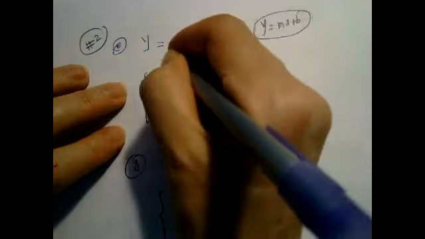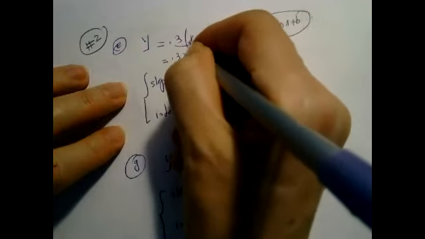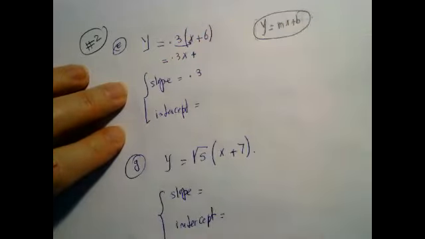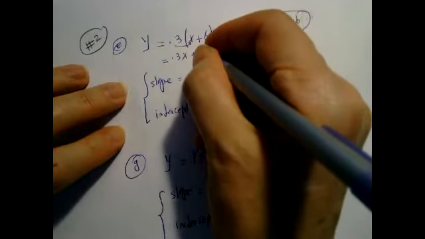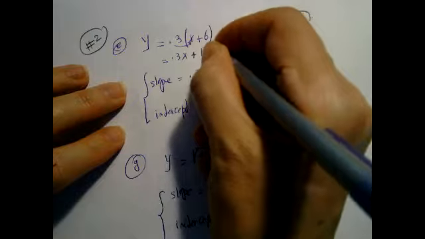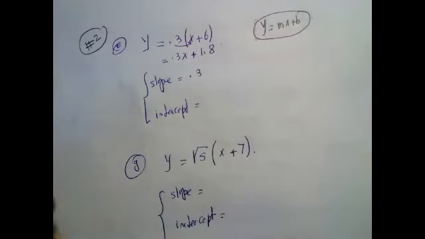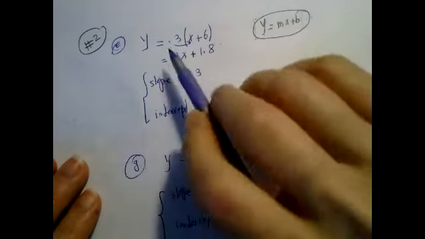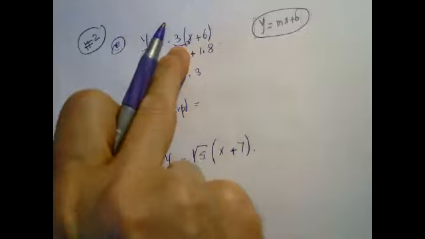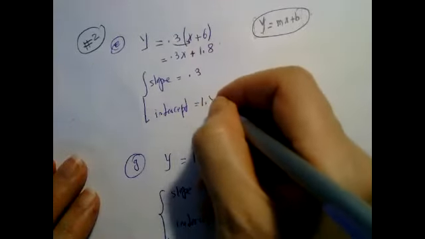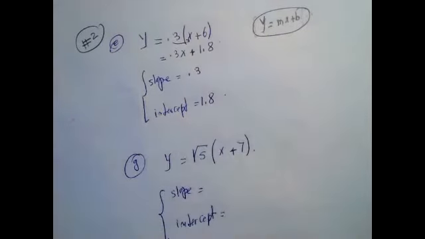Distribute. Oh wait, sorry, I multiplied it wrong. I multiplied by 0.6. Oops. I know. Plus, what should this be? 1.8. If I multiply, distribute, that's okay. I don't care if you make a mistake. It's going to give you 1.8. So the intercept is what's happening for x equal to 0. That's 1.8. Okay.